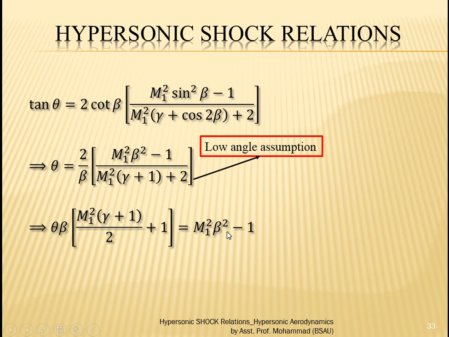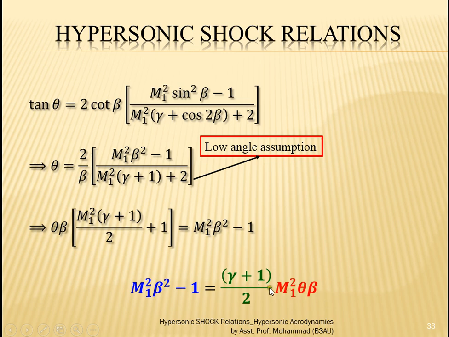Now we further apply the hypersonic assumption that the Mach number is very high. If the Mach number is very high, then this will be large enough to make this more than 1. One thing to be careful about here is that the Mach number is very large, so this becomes large, and 1 is ignored here.